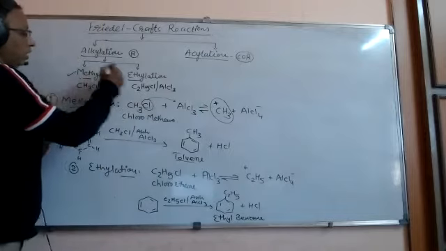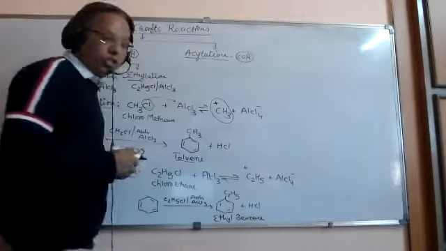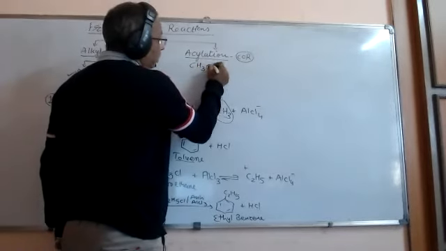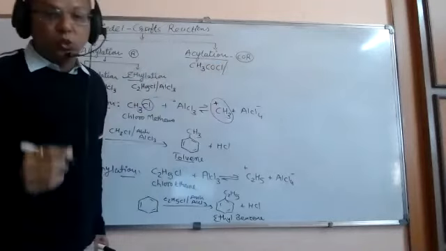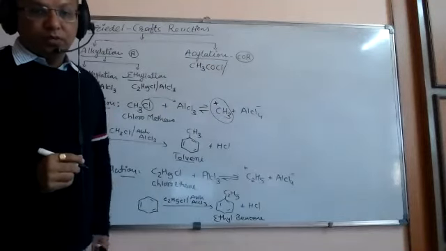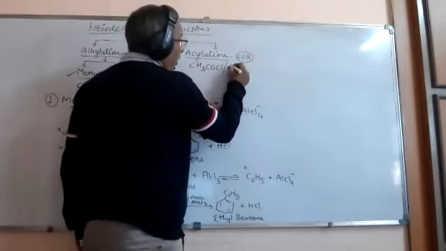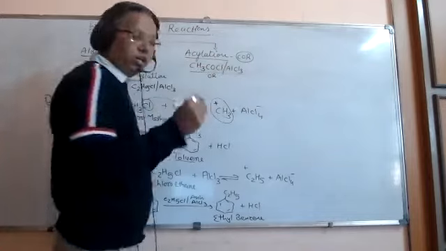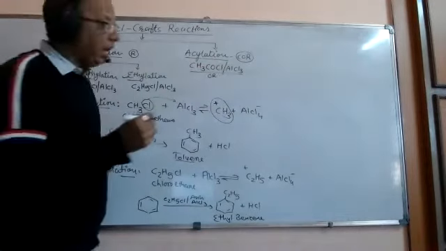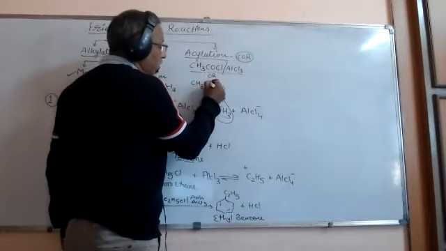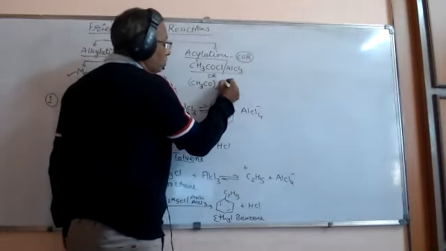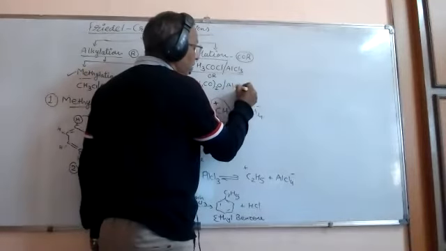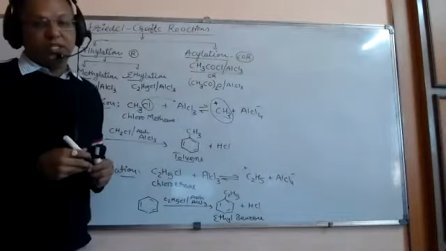Now after this methylation and ethylation, the next is acylation. Acylation is carried out by either CH3COCl, acetyl chloride, and AlCl3. This is one option. And the other option is acetic anhydride, that is (CH3CO)2O, and once again AlCl3 is used as catalyst.